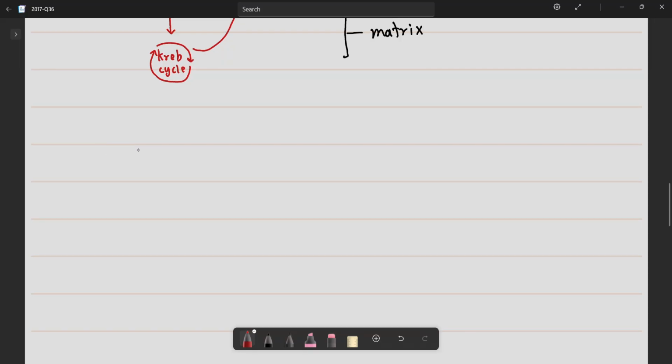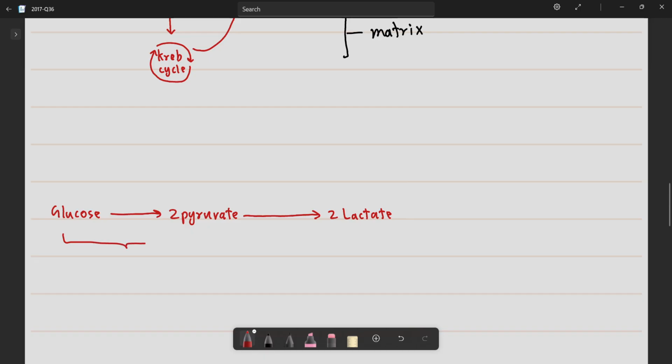Okay, so for example, if the situation was completely anaerobic, with no oxygen present, then after glycolysis, where glucose is converted into two pyruvates, these products are then converted into two lactate. Okay, so two lactate.